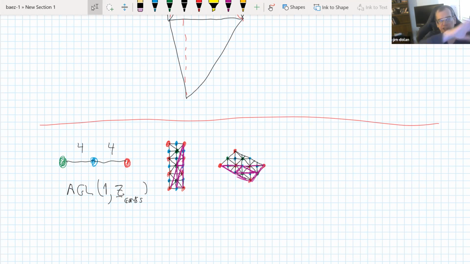Well, it's a rational function, so you can give it a numerator and a denominator. But one of the things I've learned is that it seems better to not focus so much on the coefficients of the Belyi function, but just focus on the locations of the green and red and blue vertexes.